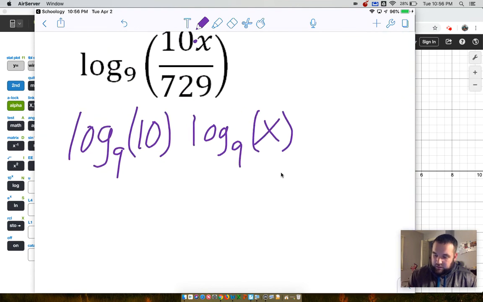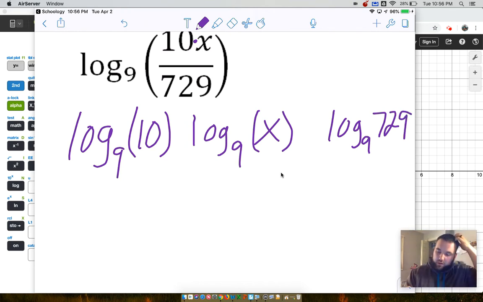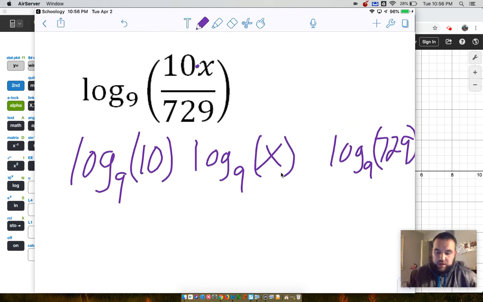And I need log base 9 of 729. Okay, because the 10 and the x, it's basically anything in the numerator will be a positive logarithm. So since 10 and x are in the numerator of the original, I'm going to add these together. Okay, and because 729 was in the bottom, I'm going to subtract that one.